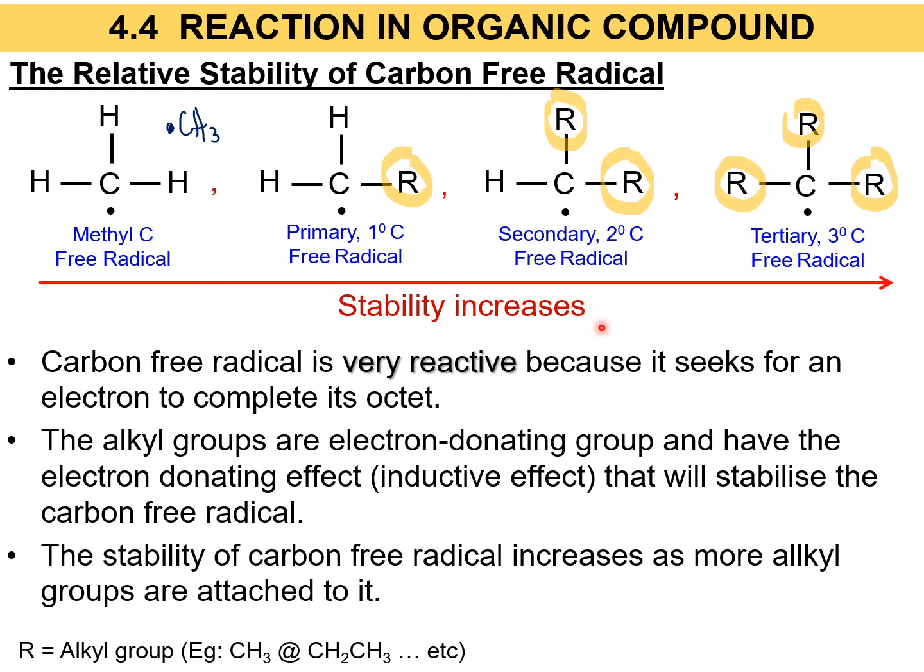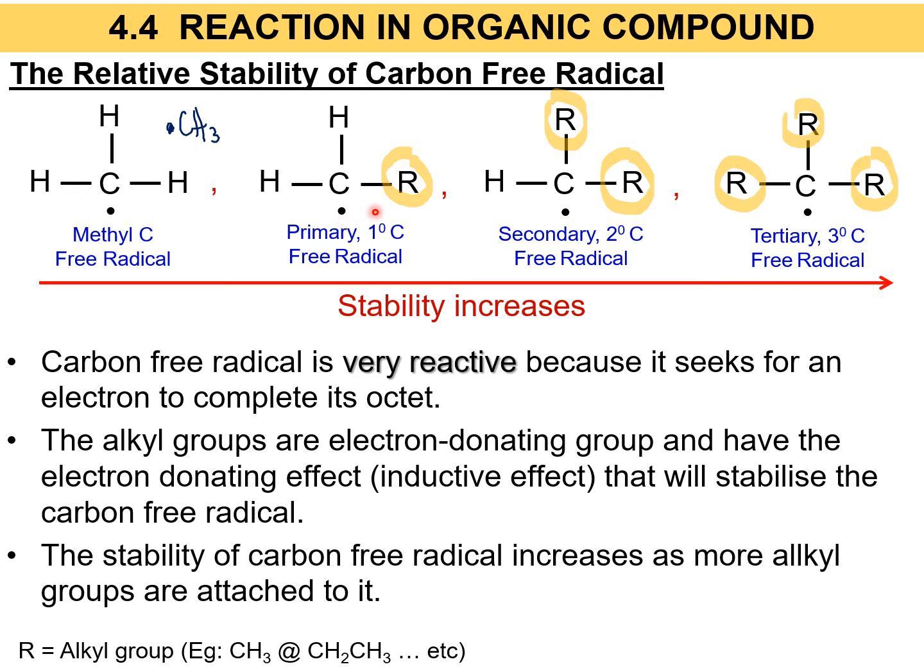Sebab kenapa? Okay, previously bila kita belajar pasal free radical punya reaction intermediates, we know that free radical ni is very reactive. Sebab kenapa? Sebab dia ada unpaired electron. Okay, so dia akan tercari-cari elektron yang nak completekan dia punya octet.